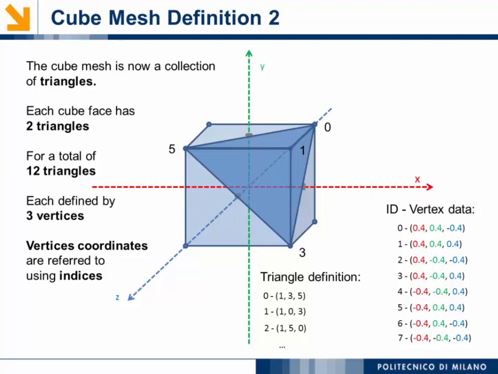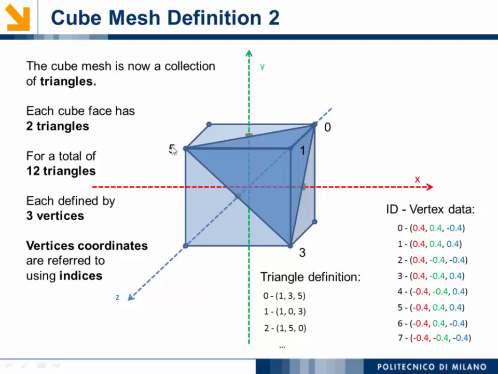We add another buffer, which is the index buffer, and you see that each face of the cube is defined by two triangles. In 3D graphics, there are basically triangles or quads, but even the quads are not rendered as they are. Usually they are downgraded to triangles.